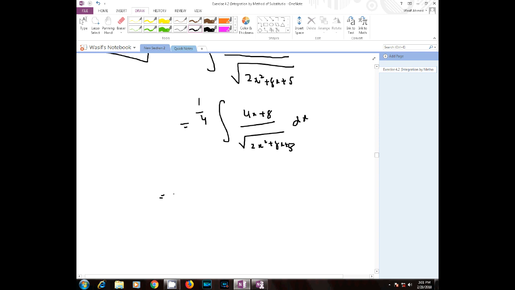So you have 1 divided by 4 integral of 2x squared plus 8x plus 5 raised to the power minus 1 by 2 and 4x plus 8. This is similar to the previous one.